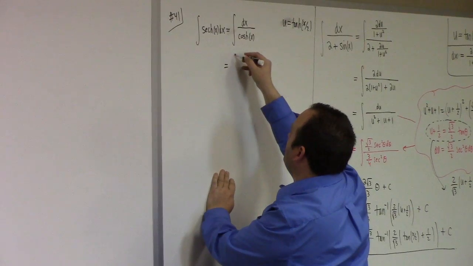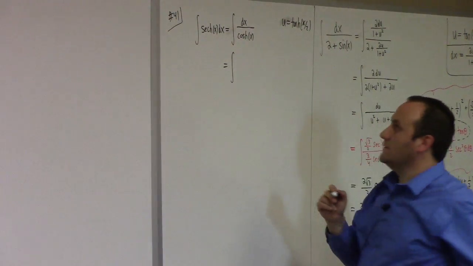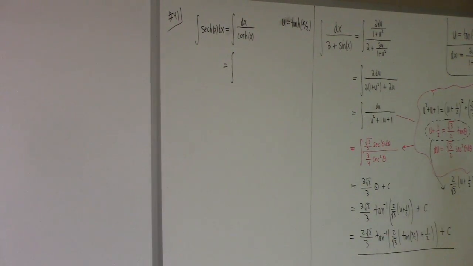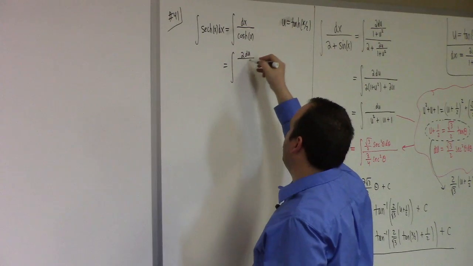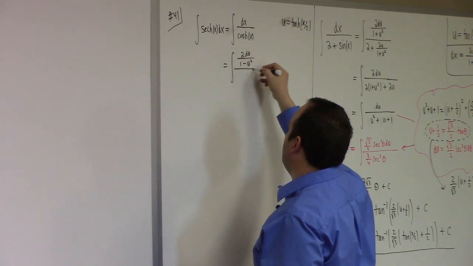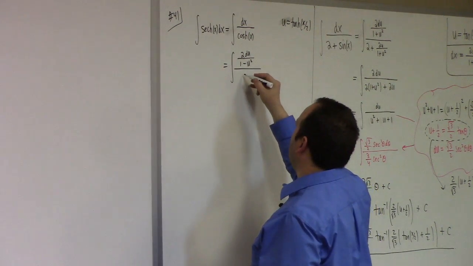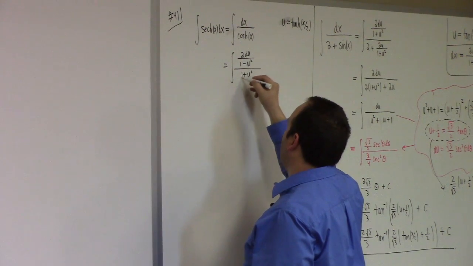And so that's the integral of, apparently dx is what? I need to get glasses or some binoculars. I'm not sure. 2 du over 1 minus u squared, right? And divided by what was cosh x, do we figure out? 1 plus u squared over 1 minus u squared.